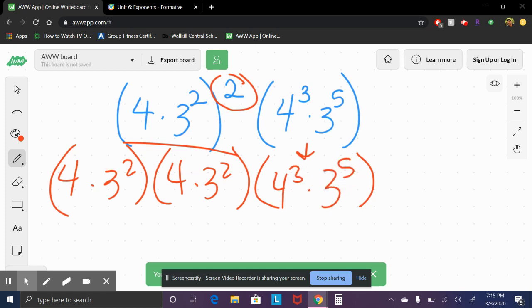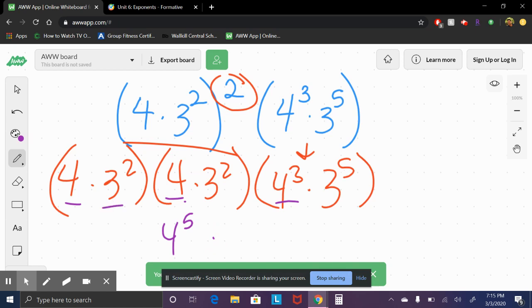So we got to the point now where we know how to do product of powers. So we have 4, 1, 4 there, 2, and then 3 here. So we have 5 4's.